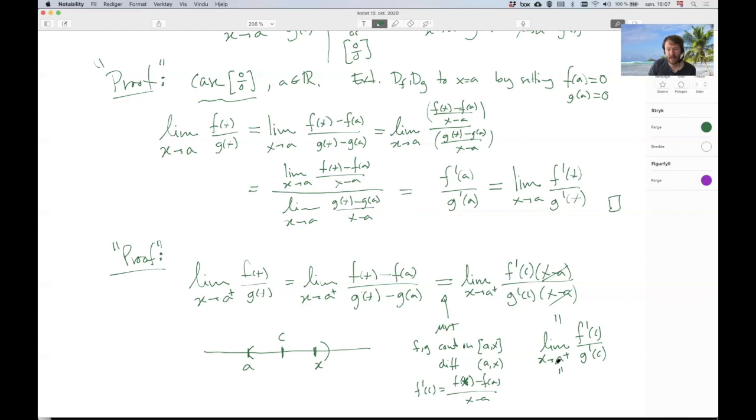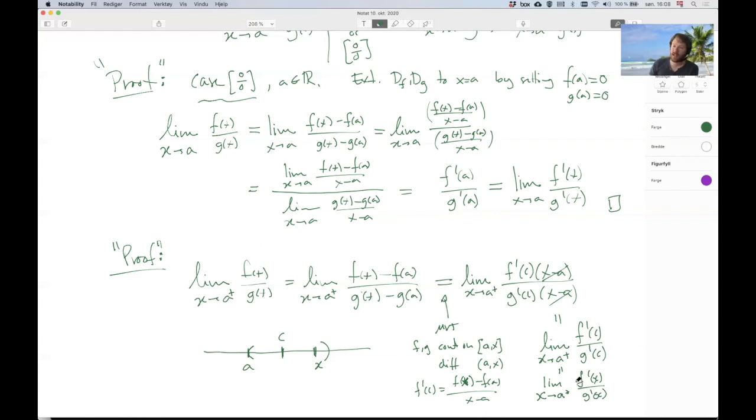So if x tends to a plus, this implies that c tends to a plus as well. And now I have a c here tending to a plus. I have the c here, c here. I can change c to d, I can change c to e. It doesn't matter what symbol I have. So why not just use x here as well? And then I've proven that this is equal to this.